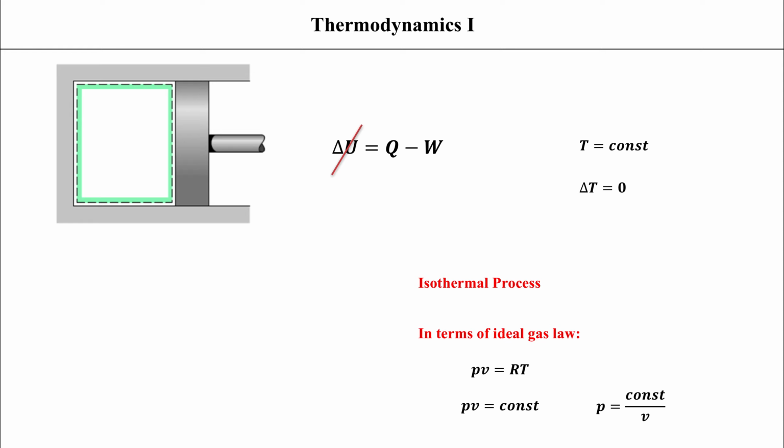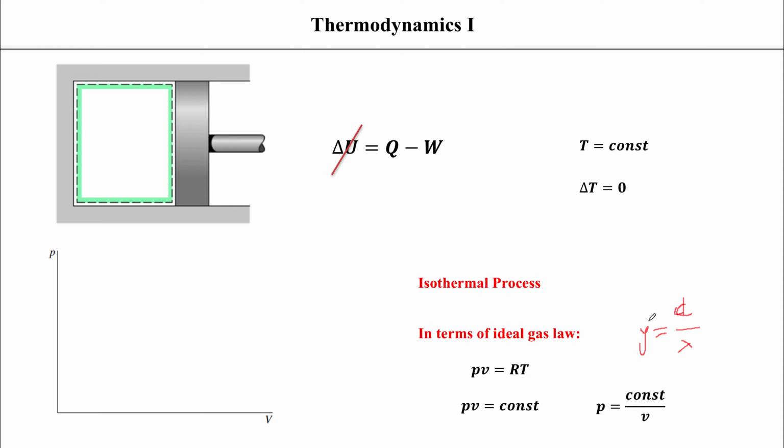Or we can write it in terms of P equals constant by V, where V is the volume. And now if we were to represent this equation onto the PV diagram, what this shows you is that this is basically y equals 1 by x, of the form 1 by x, or actually you should replace 1 by some kind of constant, c, because you don't know what the constant is right now.